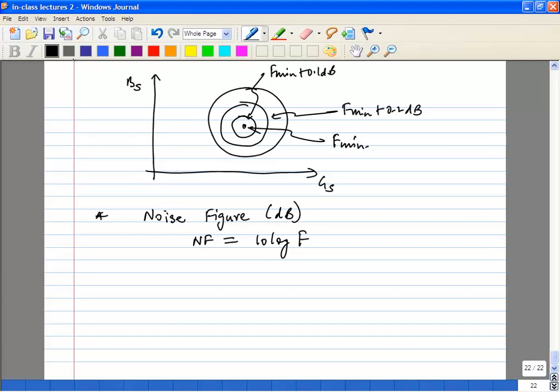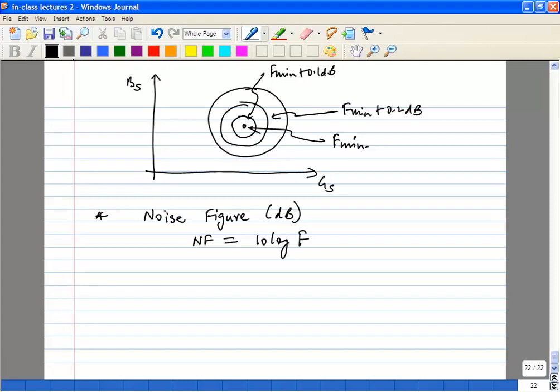Yes, in the circles, it should have been NF min. That's right, it should have been NF min. So this is your noise figure in dB.